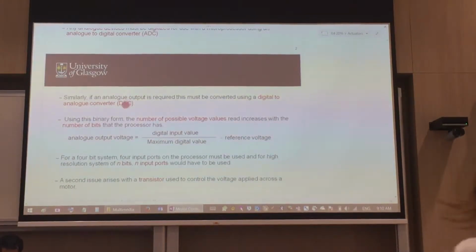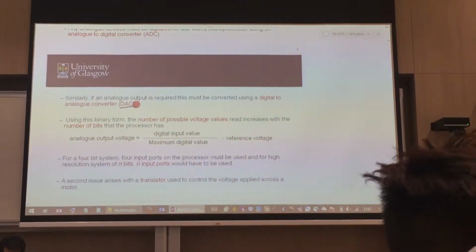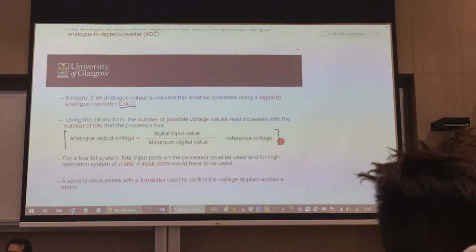So you need a DAC, or digital to analog converter, coming in. This is the part that I included myself because if you're wondering how the DAC converter works, say for example you have an 8-bit DAC converter.